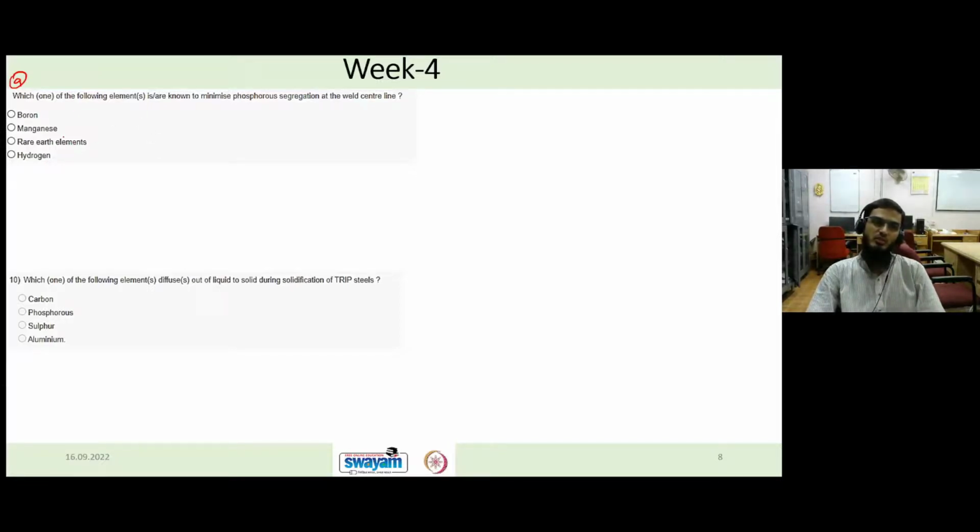Among these, if you use that element, it will minimize the phosphorus segregation at the weld center line. If you know, then you can comment your answer: option A, B, C, D, or else.